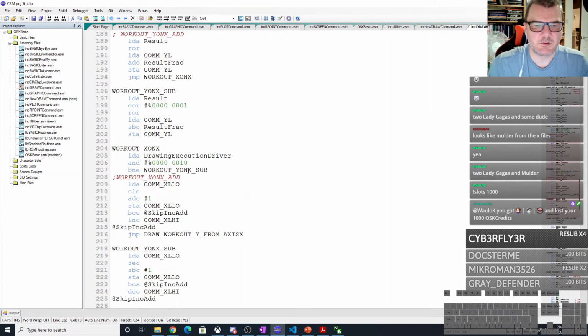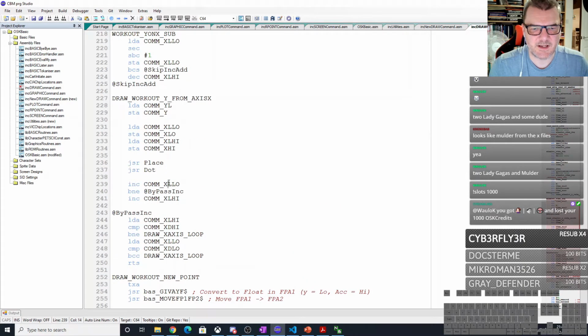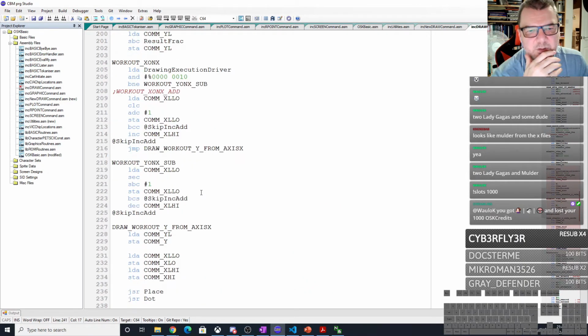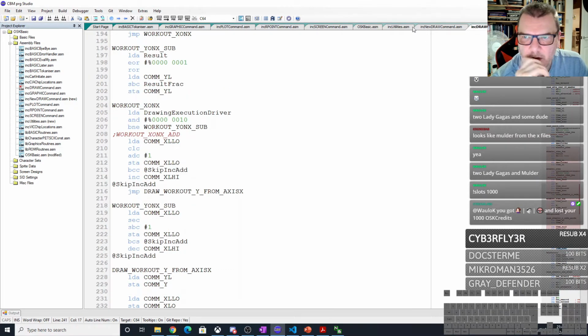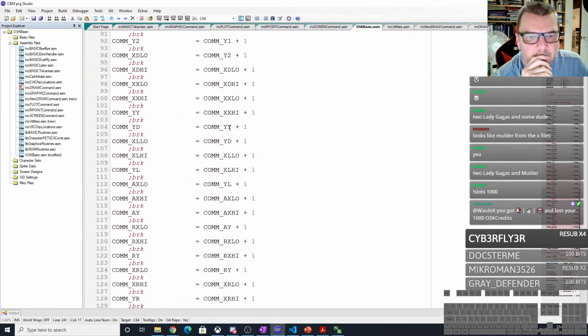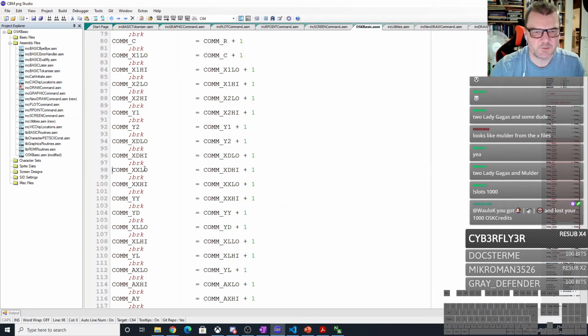And I'm not sure what we were using here, XL low and XL high, but we've repurposed that. What other ones have I got? Ooh, we could use those. We could use those.